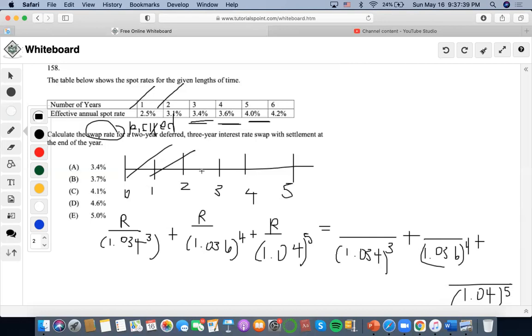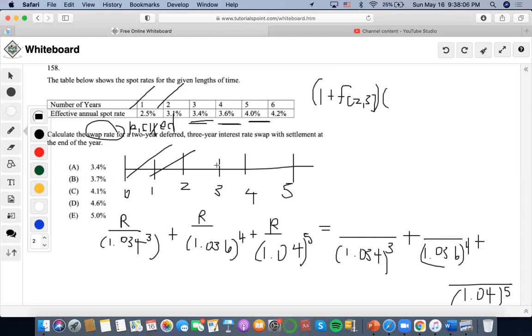Well, since 2 years is deferred, we would have to find the floating rate from 2 to 3 to arrive at a floating rate for this part, right? So what does that mean? Well, we're going to find F from 2 to 3, which means that in order to do that, we're going to have to input it in the equation, right?